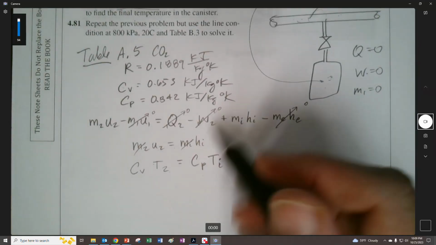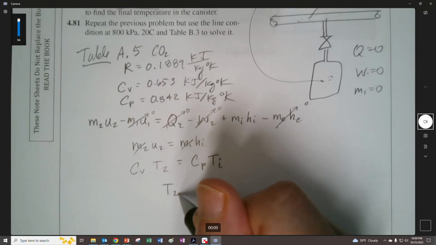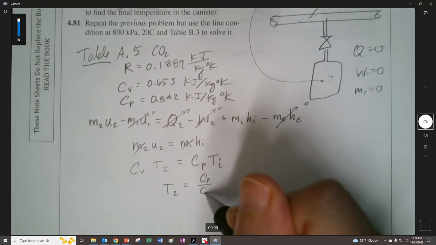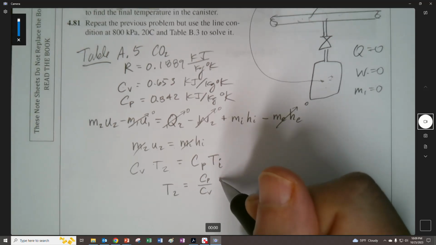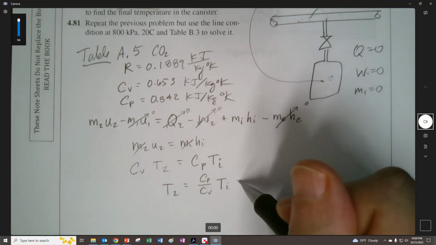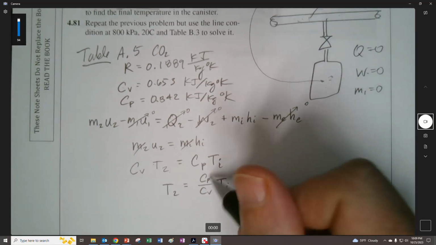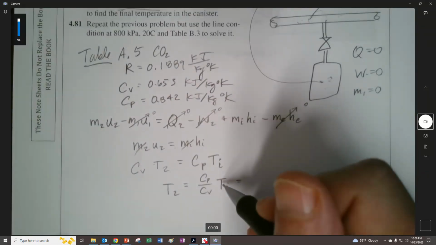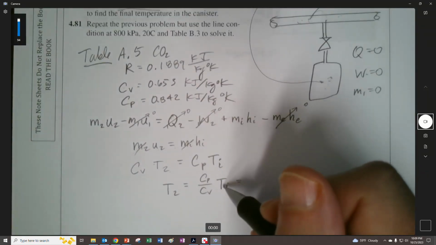So all we have to do is T2 is equal to CP over CV times T_i. You've got to be careful when doing this type of thing. Because there's a ratio here and a multiplier, it's not going to be the same if you use regular old degrees Celsius.